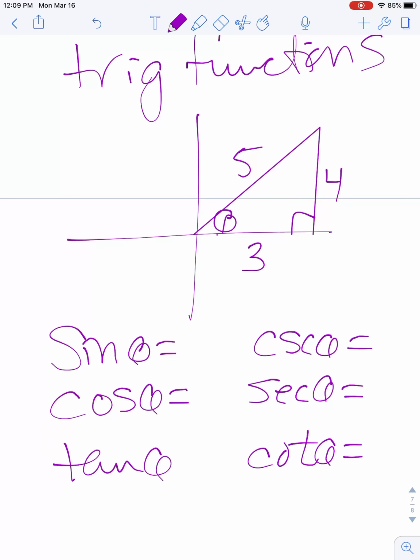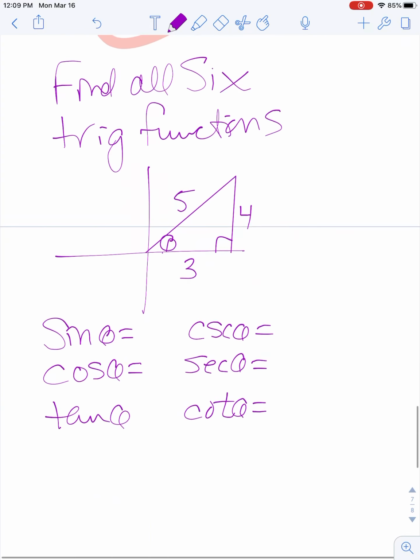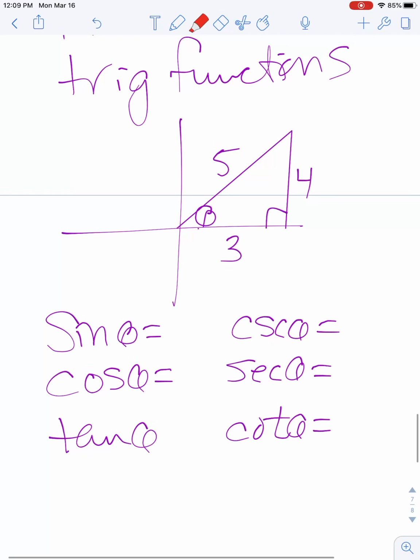Okay, so sine. Sine is opposite over hypotenuse. If we go back to our SOHCAHTOA, sine is opposite over hypotenuse. So I'm using theta as my angle. Opposite side is 4, hypotenuse is 5. So the cosecant, all I do is I flip that. I take the reciprocal. Boom. Cosine is adjacent over hypotenuse.